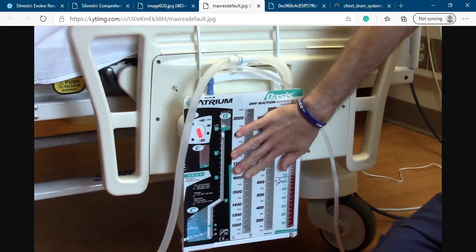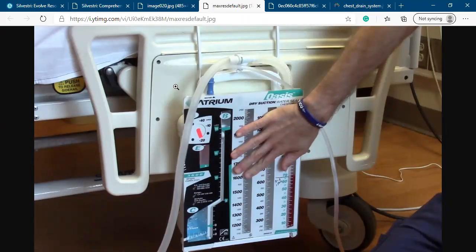We do not do that. And also daily chest X-ray is needed to check the fluid removal. So how much fluid or air has been removed from the chest should be confirmed by chest X-ray.